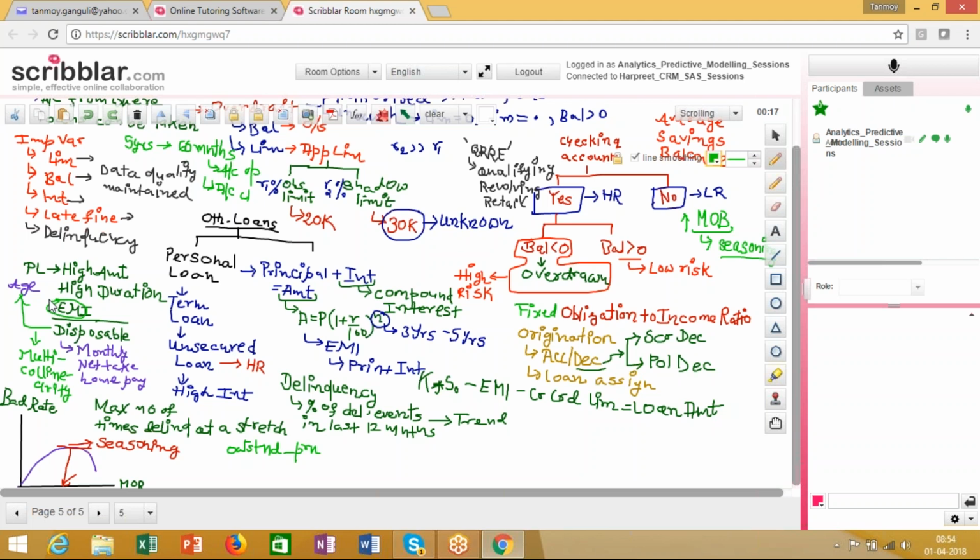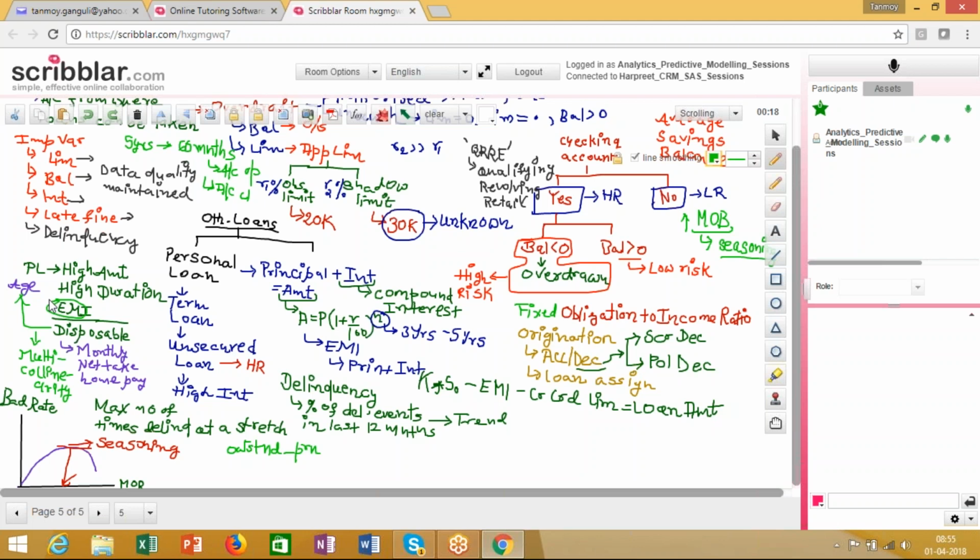I'll show you a data set tomorrow where we have all the variables listed. From there, we'll try to identify which variables are required for behavior models, which for application models, and which for collection models and so on, right? And then we'll start discussing mortgages as a business product.